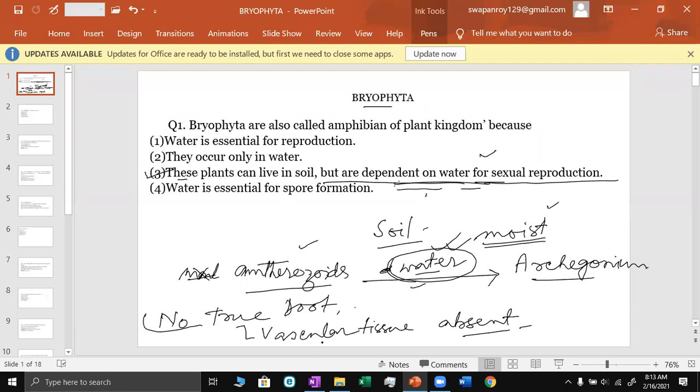If fully adapted to land habit, they should have a well-developed root system and a transportation system also. Bryophytes don't have these. That is why bryophytes are called amphibians, not pteridophytes. Pteridophytes have well-developed true roots and vascular tissue also. So this one is correct. You have to go according to your book, what point has been given.